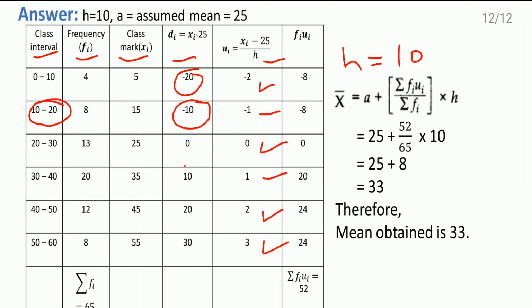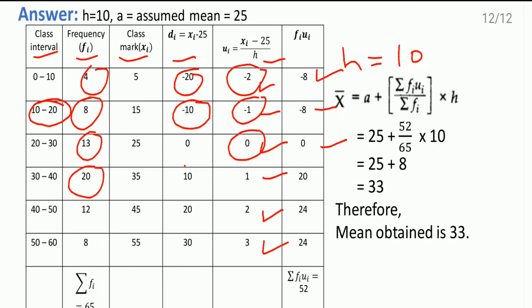Now fi ui. See here, 4 into minus 2 comes as minus 8. Here 8 into minus 1 comes as minus 8. 13 into 0 will be 0 only. Here 20 into 1, which is 20. Here 12 into 2, which is 24.